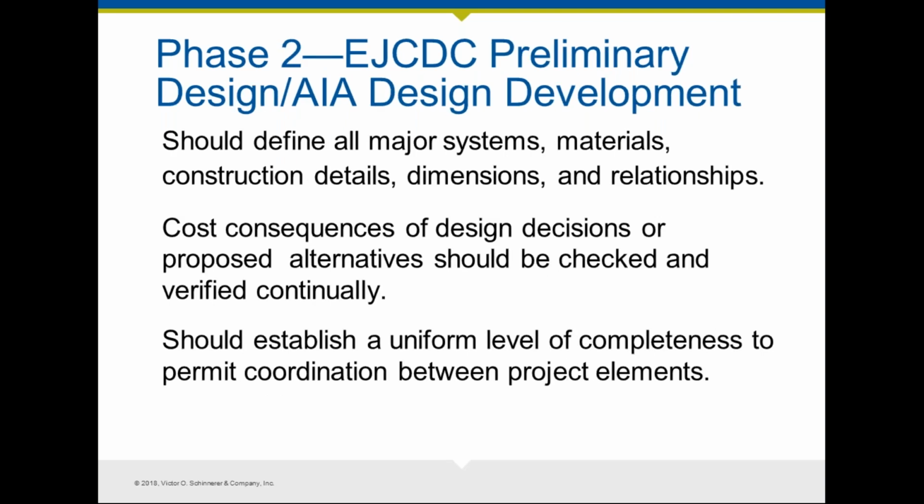The next phase, again generally speaking, is your preliminary design or design development phase. At this point, you actually get into the meat of your solution. You're defining all the major systems, materials, construction details, dimensions, and relationships. You should be thinking about the cost consequences of your design decisions or proposed alternatives, and check and verify that these indeed still work.